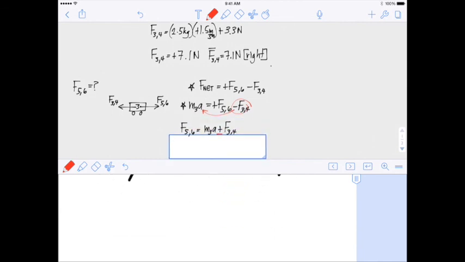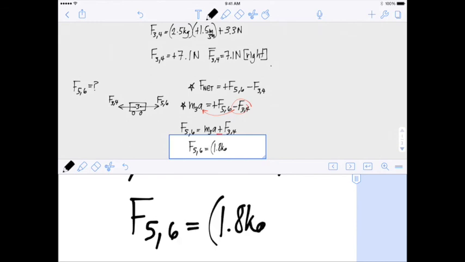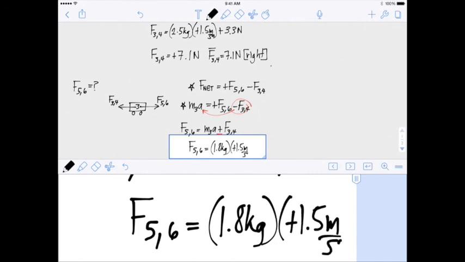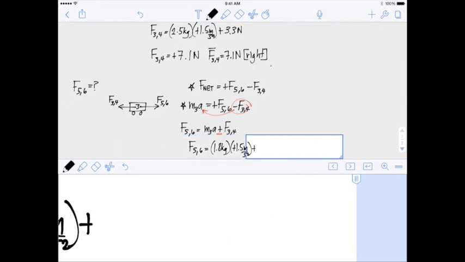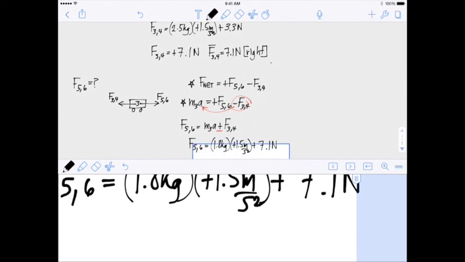So let's sub and solve. We have the forces read on sensors 5 and 6 is equal to 1.8 kilograms from the question, times positive 1.5 meters per second squared from part A, plus the forces read on sensors 3 and 4, which is 7.1 newtons, which we calculated up above.